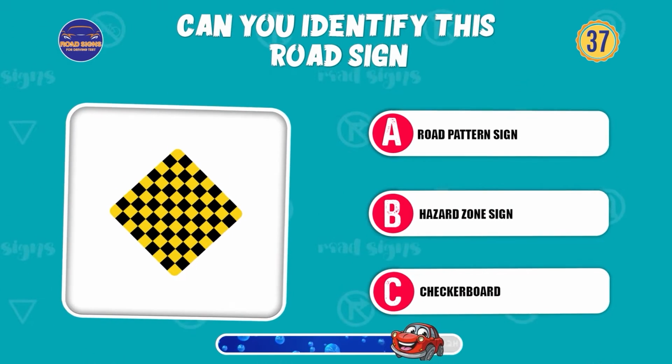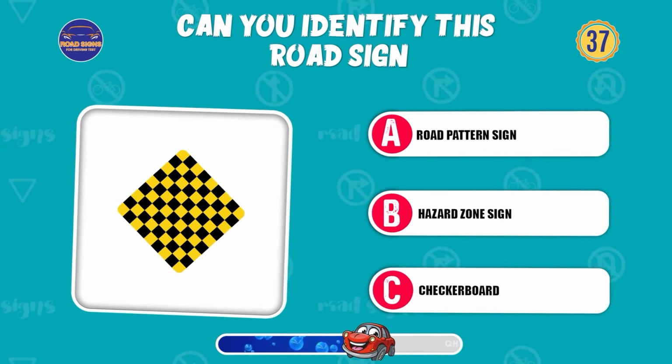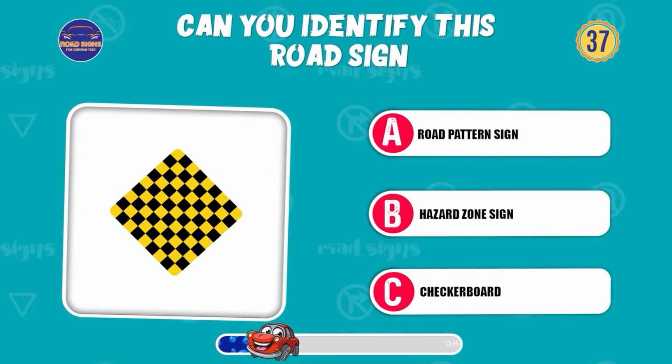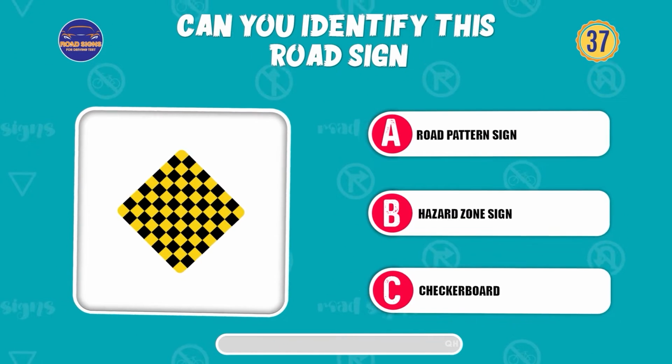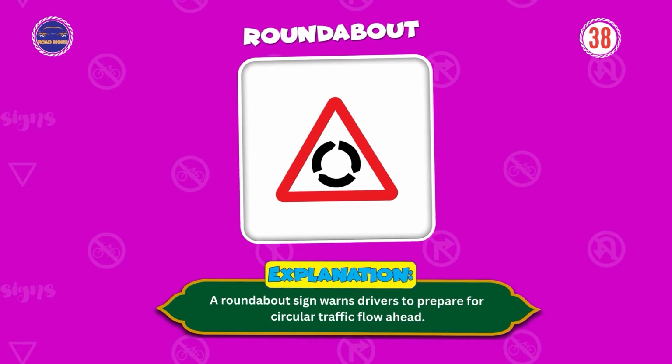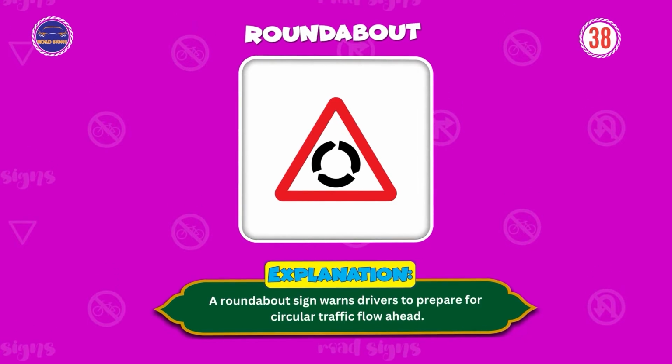What does this road sign indicate? C. Checkerboard. This is the roundabout sign. It indicates that a circular traffic flow is ahead.